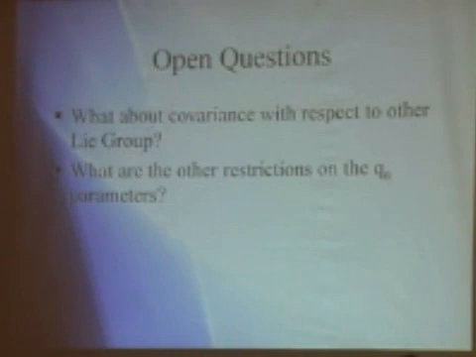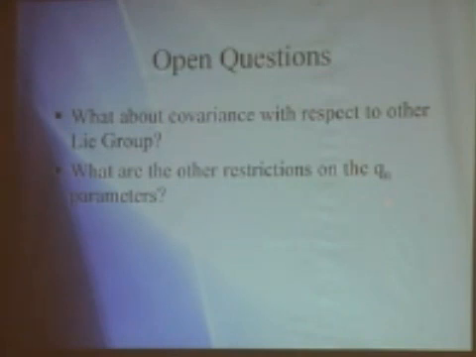Okay, so the open question related to such a form is simply this: suppose that you consider a map that's covariant over a different Lie group. Do we have a similar form or not? Is there a generalization of that theorem?